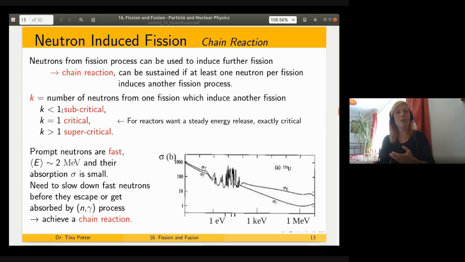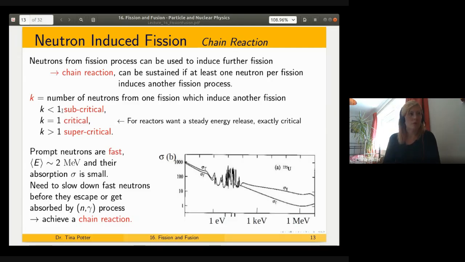If it's fewer than one further induced fissions, then we have a subcritical reaction. Ideally, we want a critical reaction, exactly one further induced fission from each original fission. That gives us a wonderful steady energy release. And we'll have a look at what happens for supercritical chain reactions in a minute.